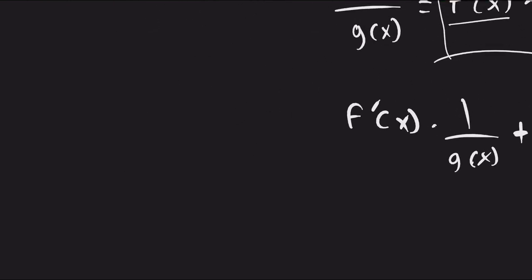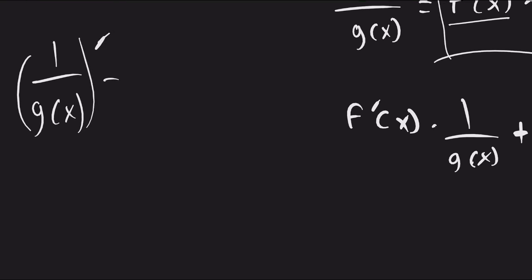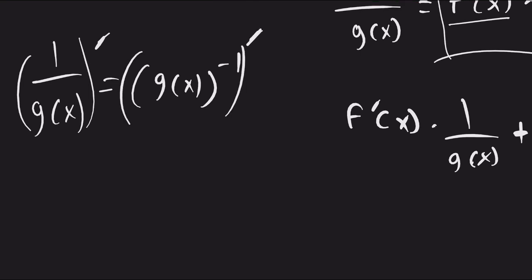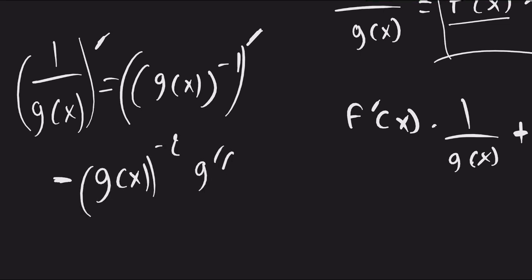Well, that is easy. If we want to find 1 over g of x prime, we have to recognize that this is the same thing as g of x to the negative 1 prime. And using the chain rule, we're going to have negative g of x to the power of negative 2 times g prime of x.